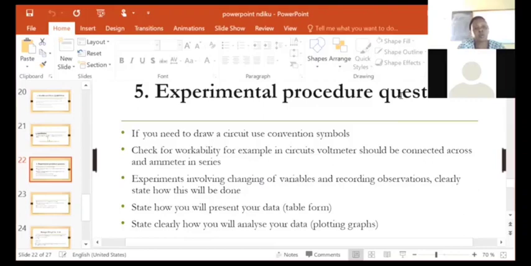When it comes to questions involving experiments, it involves changing variables and then you record the observation. Clearly state how this will be done, how you represent the data, and how you analyze the data, whether through graphical means or through calculation.